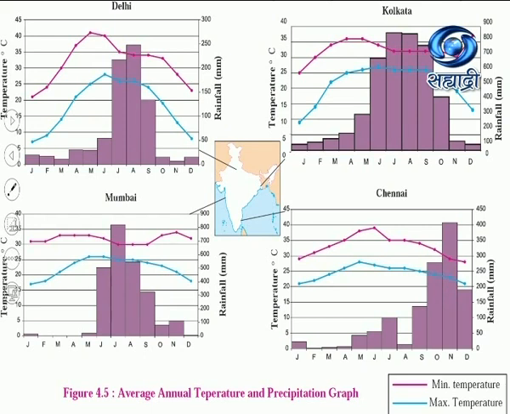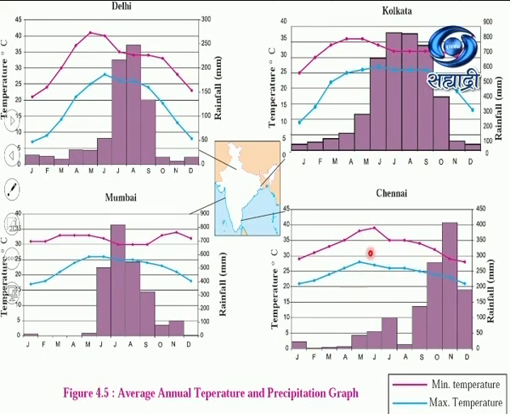Again, Chennai is also located at the coastal area, or rather it is a coastal city. So temperature differences are also very minimal. The maximum temperature over there is 40 in the month of June, and minimum temperatures are found in the months of January and February. But the difference is hardly 10 degrees between maximum and minimum.